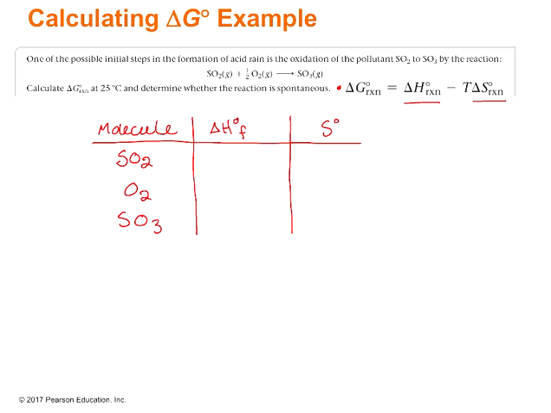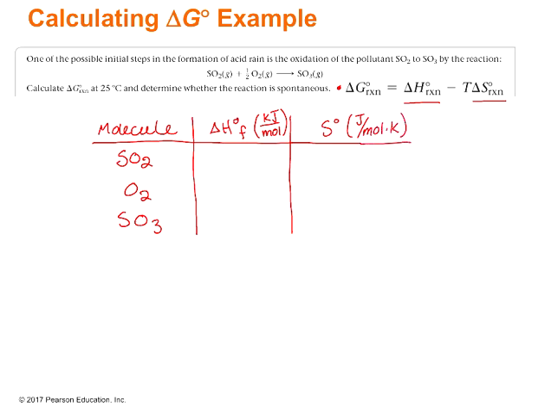All right. Oh, I should probably include some units in there. So delta H of formation will be in kilojoules per mole, and standard molar entropy will be in joules per mole Kelvin.